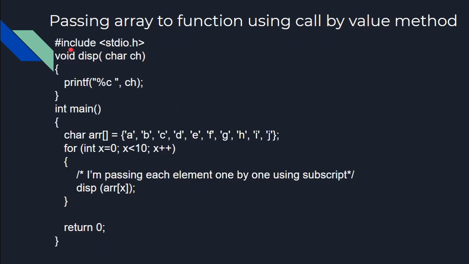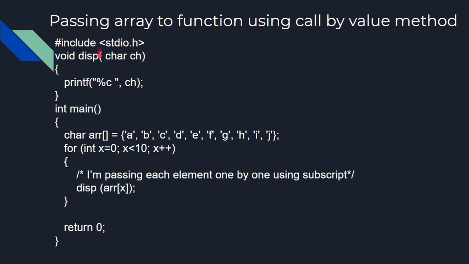As usual, the program starts with include stdio.h, and this is the function definition. Disp is the function and it is defined here. The parameter here is a character, ch.